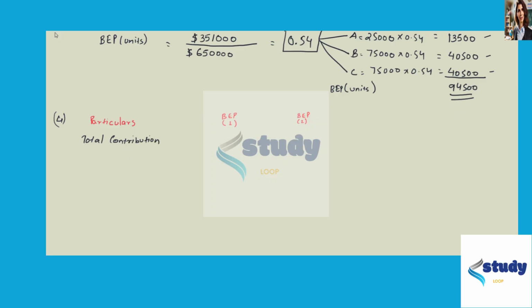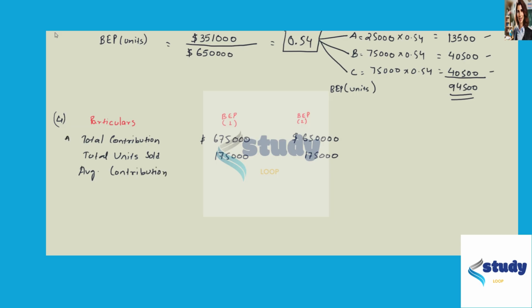So as per the first sales mix that we have, we were having our total contribution as $675,000, and in the second sales mix option we were having $650,000, and the total units that we were selling was same, 175,000.